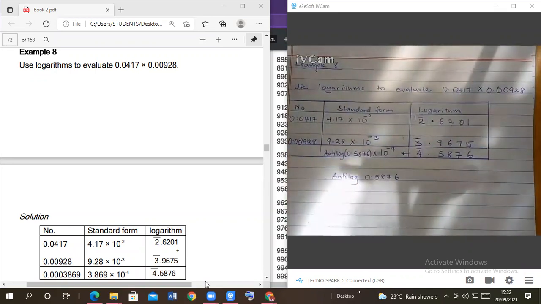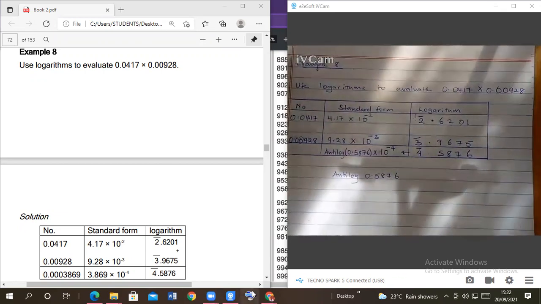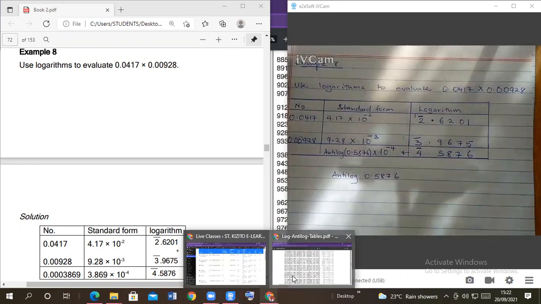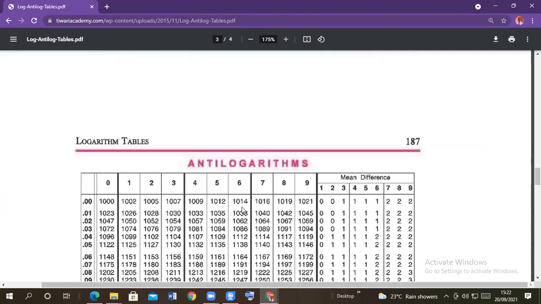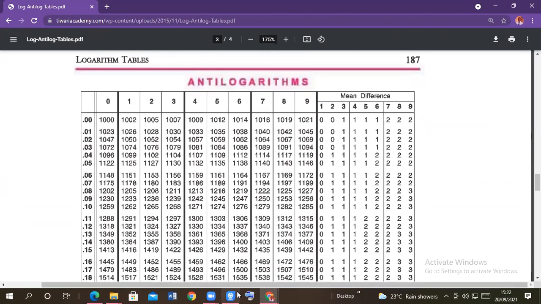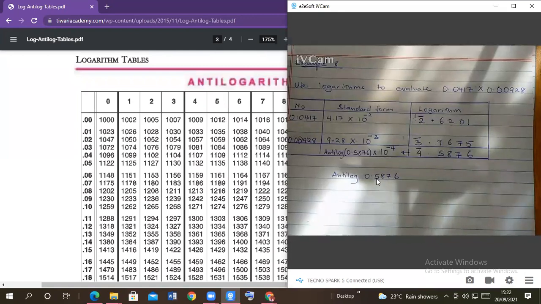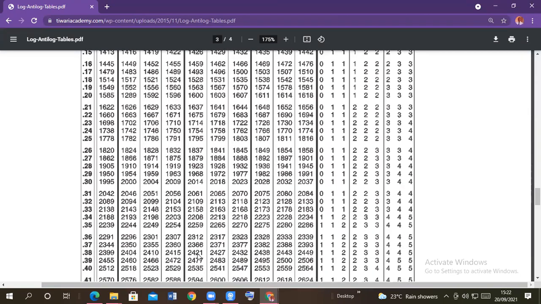Okay, so the first thing is we are going to look for 0.58. So go to our antilog tables, antilog here. This is where we are. But you should remember the number we are dealing with, 0.5876. So we first look for 0.58 in this column here.